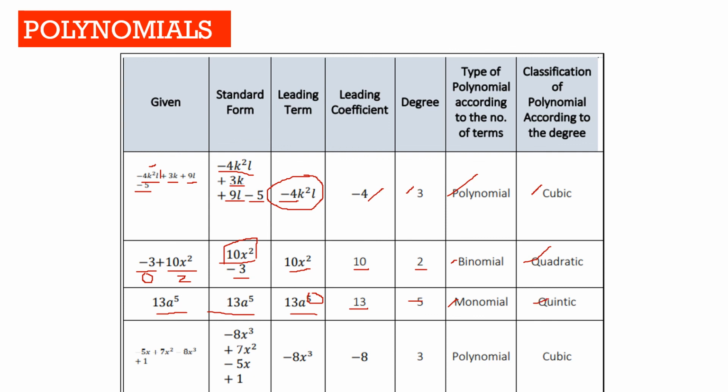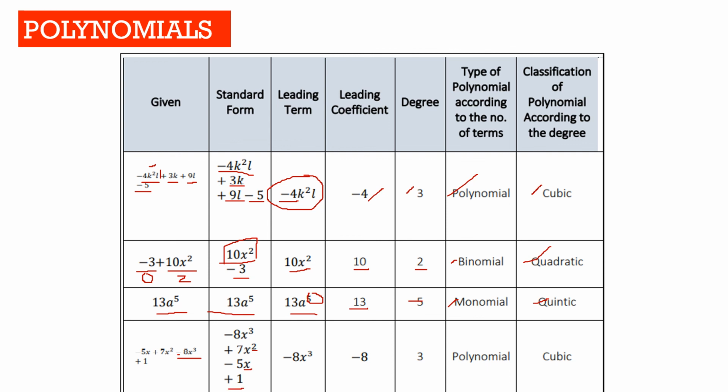Lastly, we have 5x plus 7x squared minus 8x cubed plus 1. From that, we can identify negative 8x cubed as the leading term because the exponent of the literal coefficient is 3. The next term is 7x squared with 2 as the exponent or the degree, and then followed by negative 5x, followed by plus 1.